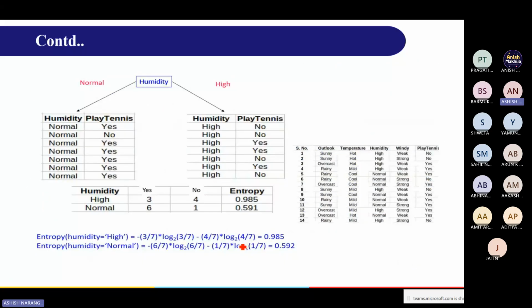Now let's talk about the third, humidity. Humidity has two values, normal and high. How many records here? 7 in normal, 7 in high. For normal, yes 6, no 1. For high, yes 3, no 4.